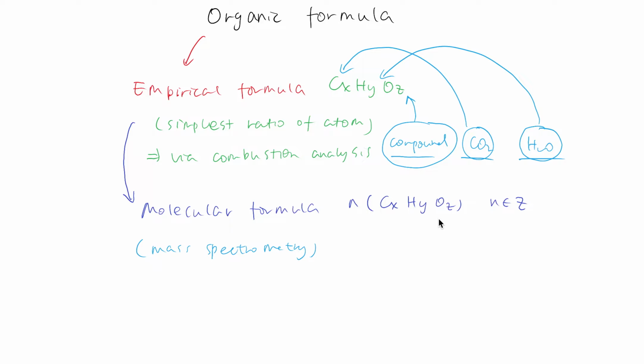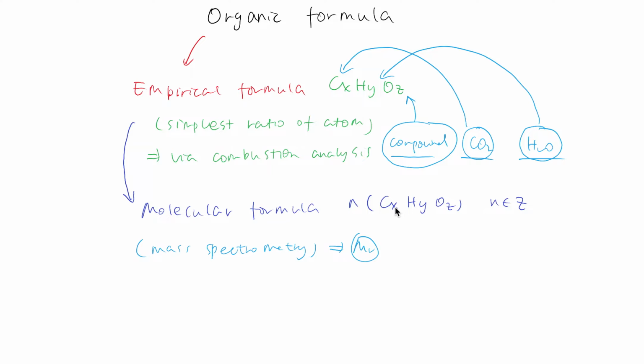So you put your sample through a mass spectrometer, and then you can get the molar mass. The highest peak on the mass spectrometry graph gives you the molar mass. And from the molar mass, since we know the empirical formula, we can work out the molecular formula.